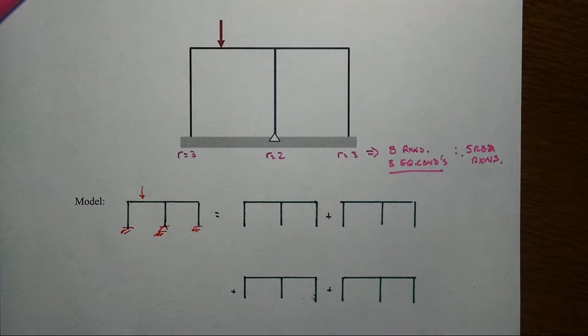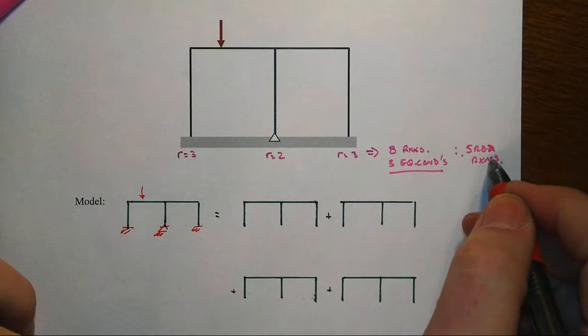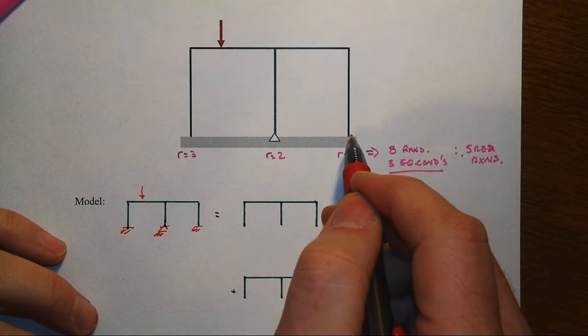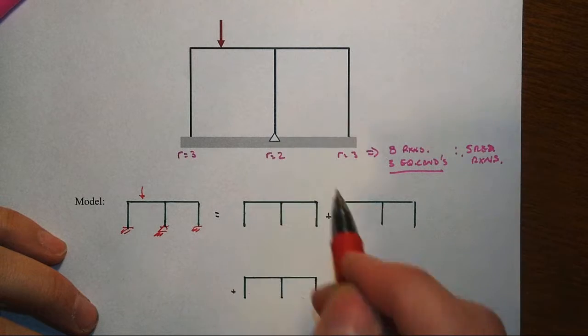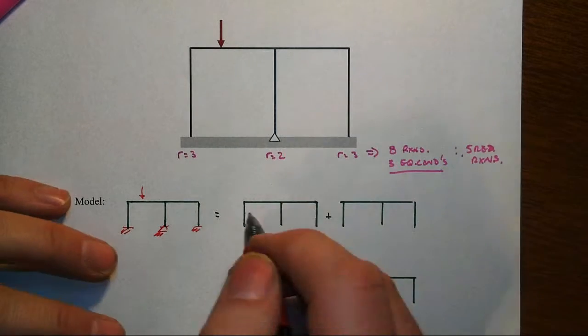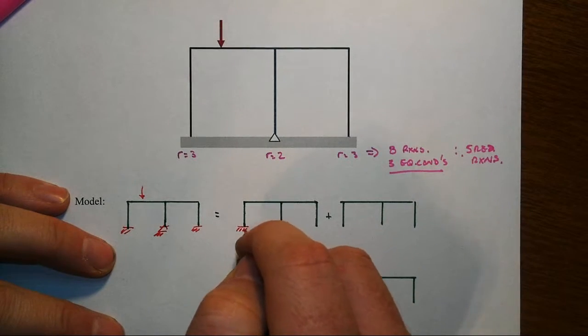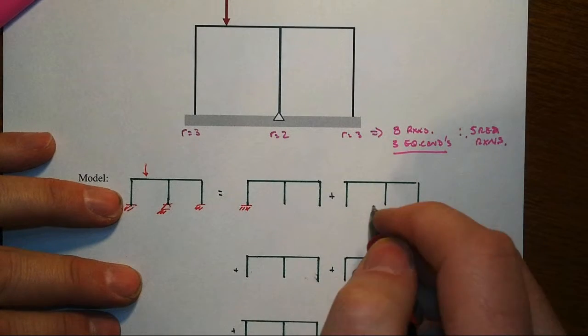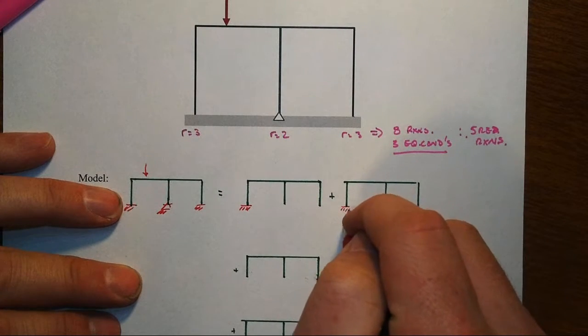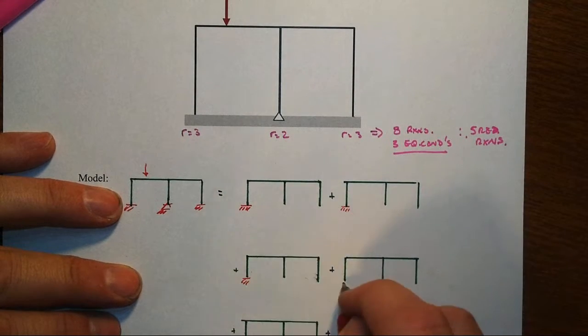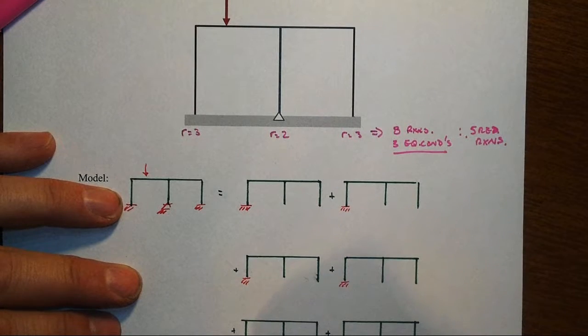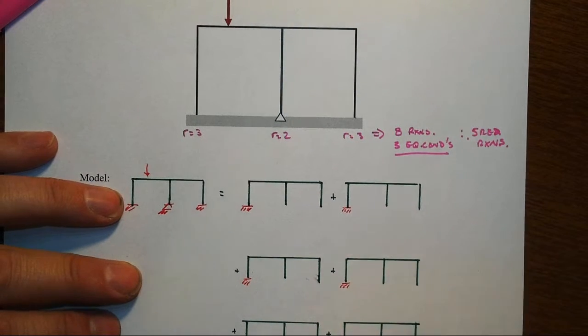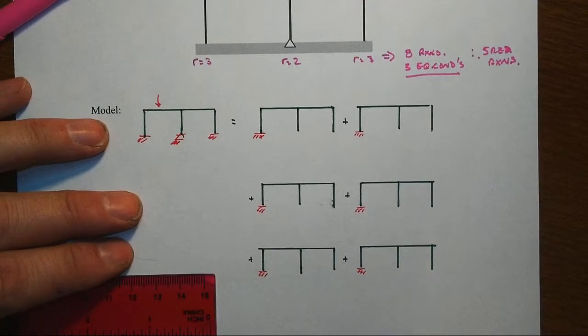We have to select 5 redundant reactions to get rid of. So I'm going to get rid of all 3 on the right and all 2 in the middle, leaving us with a primary system that is a fixed end at the left. This may not be convenient from a real calculation standpoint, but for a symbolic answer, it's not going to really matter. We just have to be consistent all the way through.